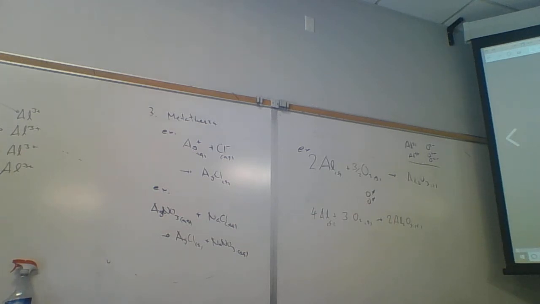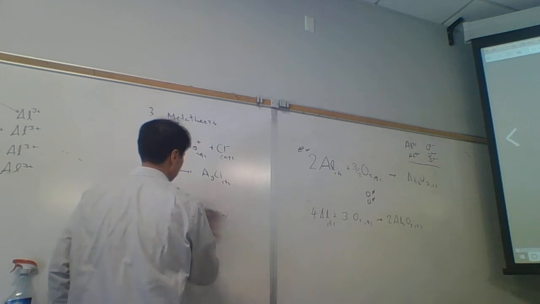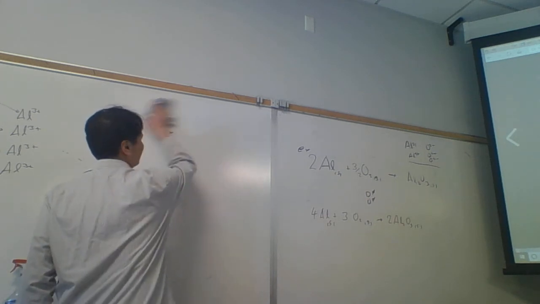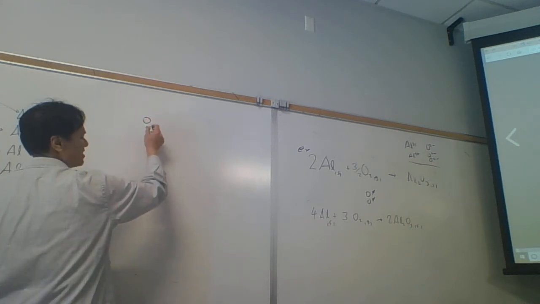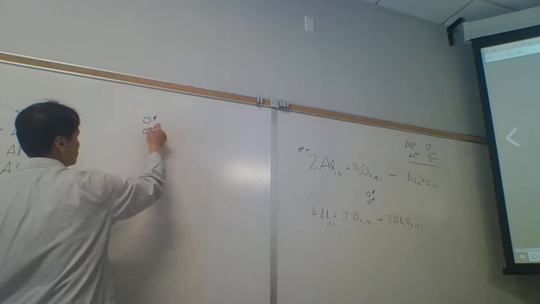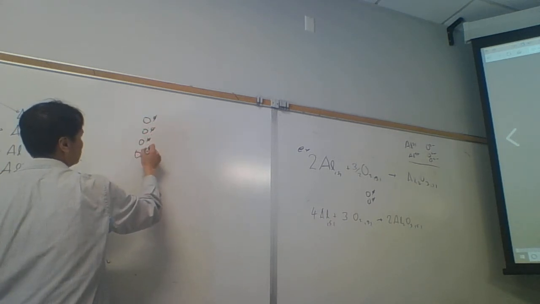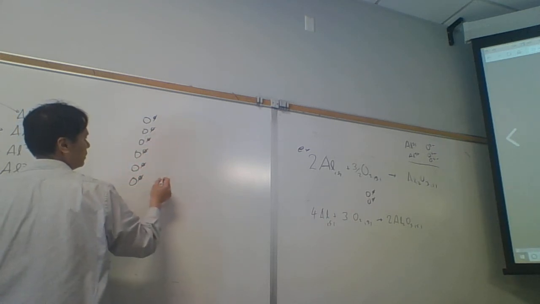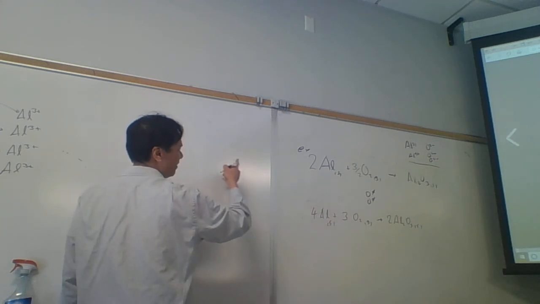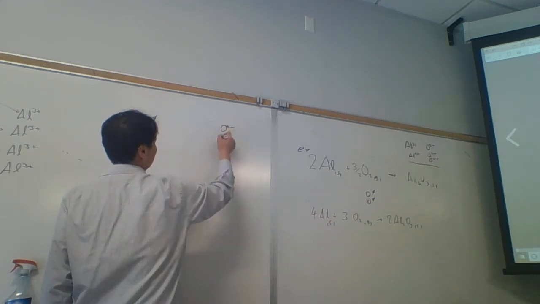What's the oxidizer? Oxygen. And so we have 3 O2s. 3 O2s is 6 oxygens. Each oxygen is 0, 4, 5, 6. And then over on the right, we have 6 oxides.